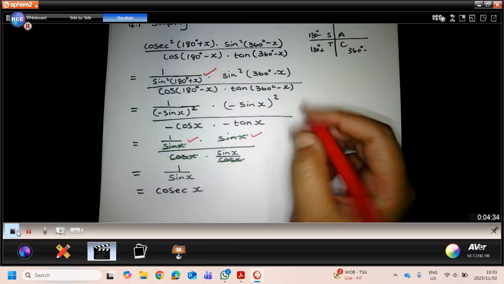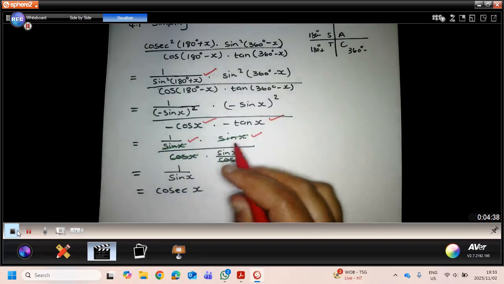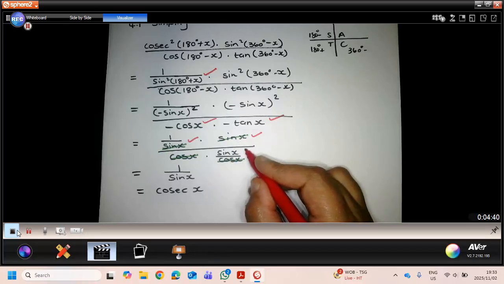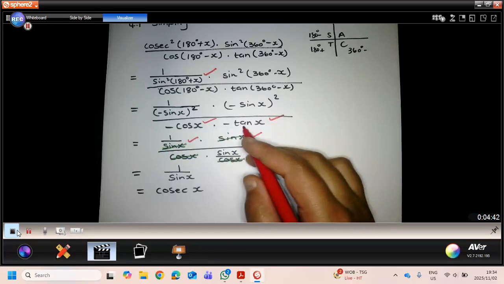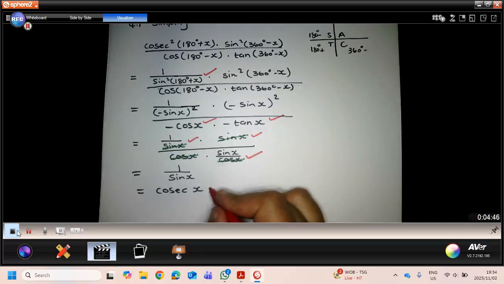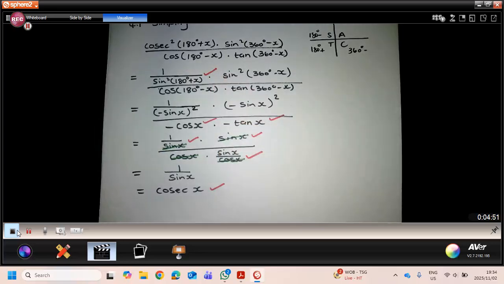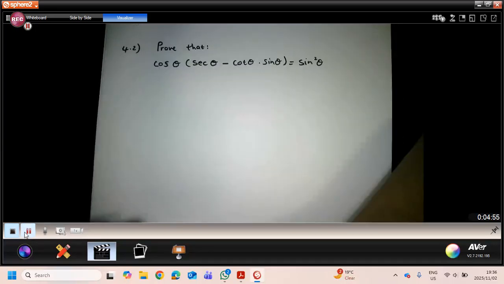Then we have negative cos, negative tan x. Then we get another mark for writing tan x as sine over cos, and then our final answer as cosec x. So in total that gives us 7 marks.